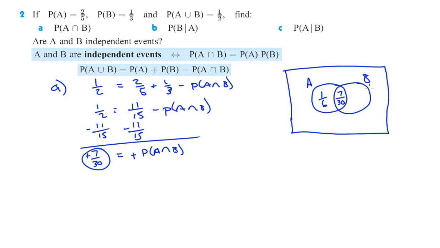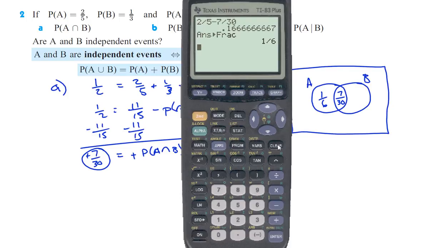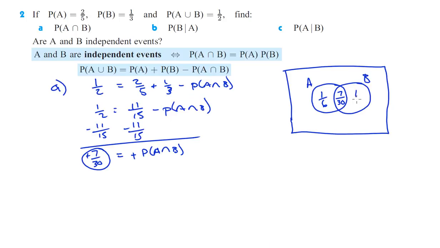Okay. And then B is 1/3 minus that 7/30ths also. So we've got 1/3 minus 7/30ths. Leaves us at 0.1, which is 1/10. Right? So now we know all three of those pieces there.